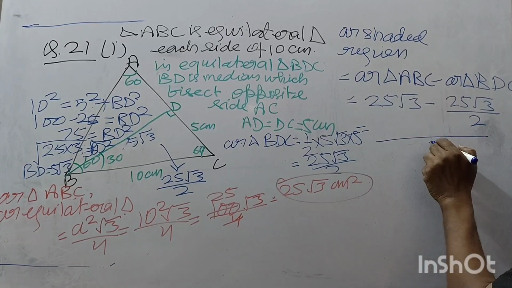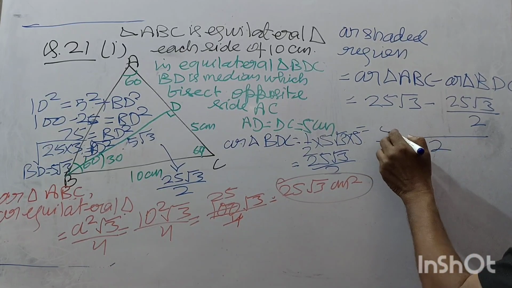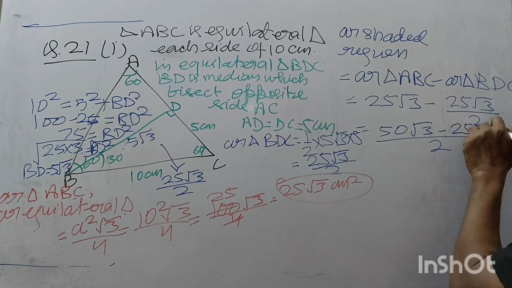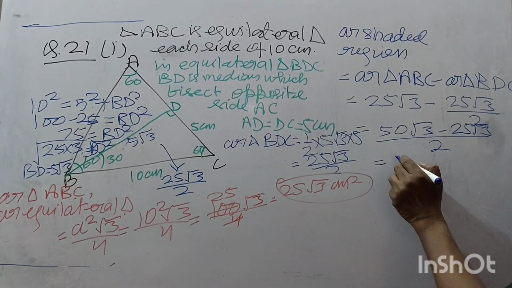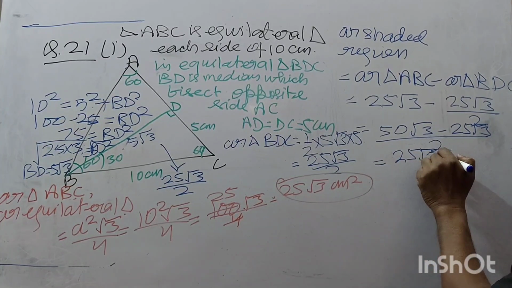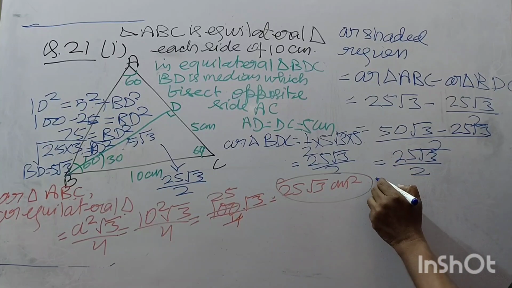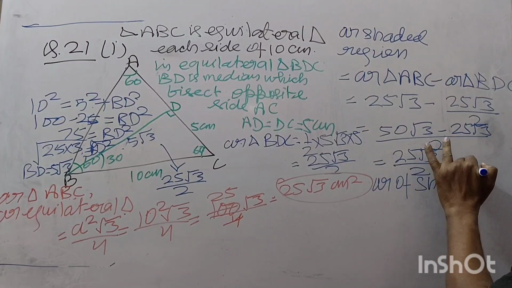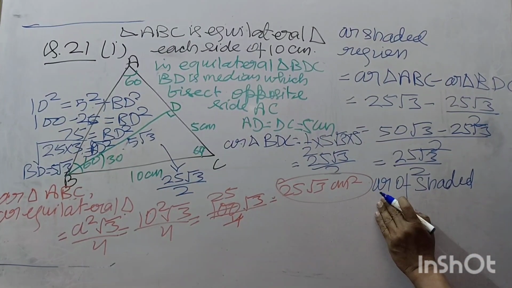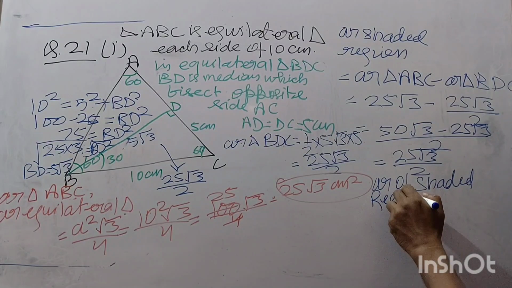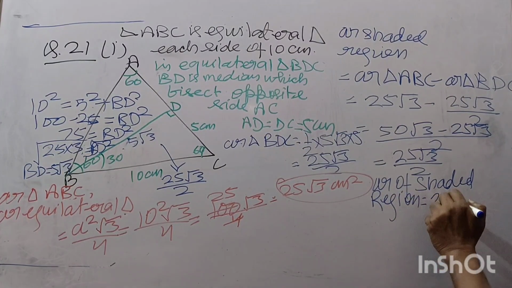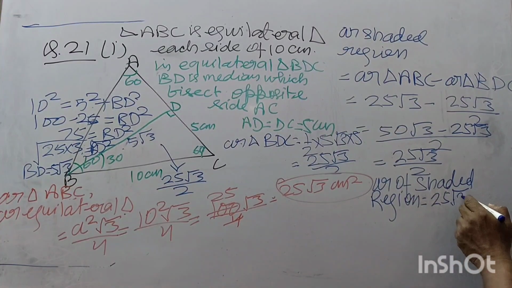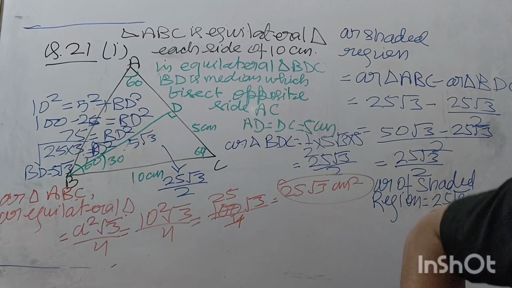So this is 2 bracket 50 root 3 minus 25 root 3. So it becomes 25 root 3 by 2. This is the area of shaded region, that is 25 root 3 by 2. Right?